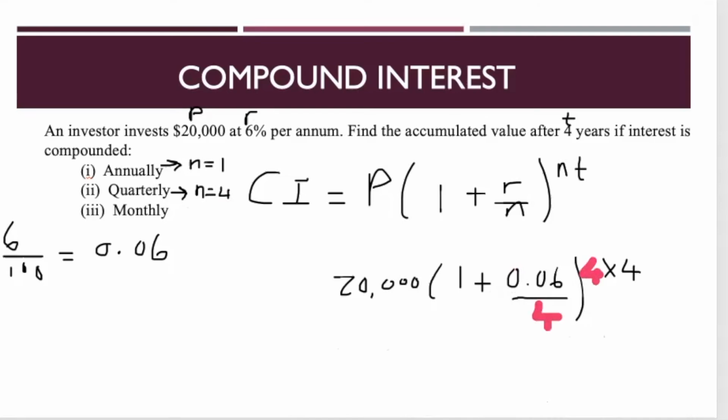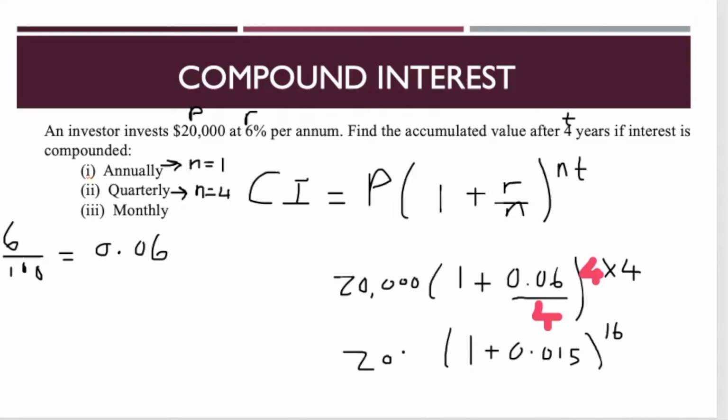Let's see what happens. First, I will be looking inside the bracket. I'll have 0.06 divided by 4. That will give me 0.015. And 4 times 4 is 16.